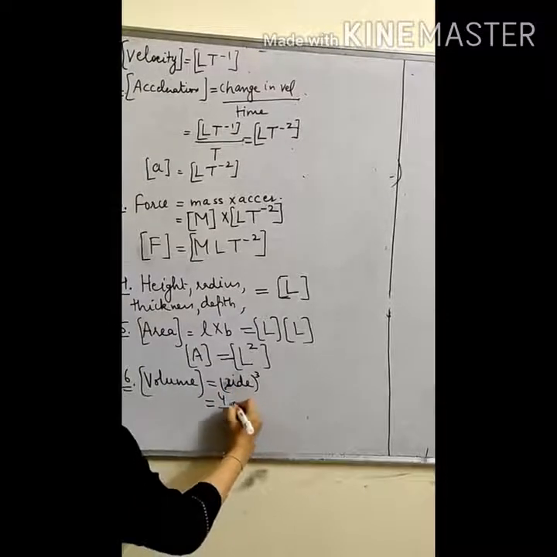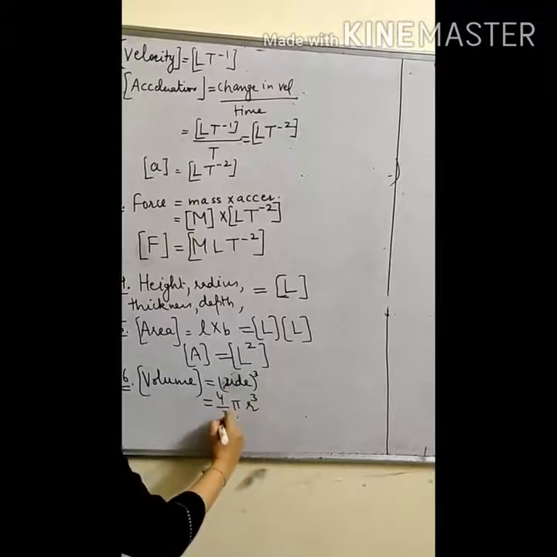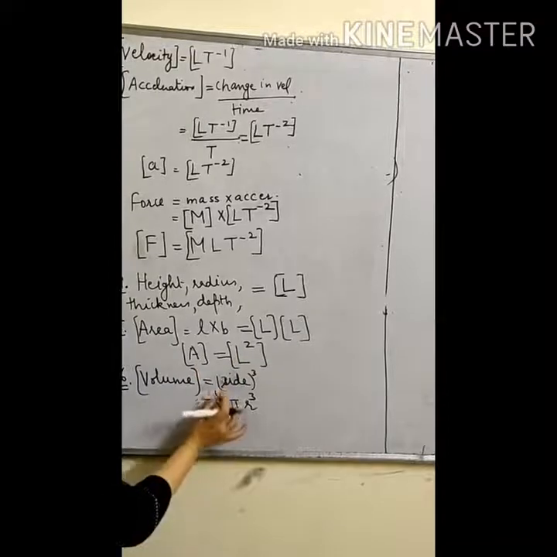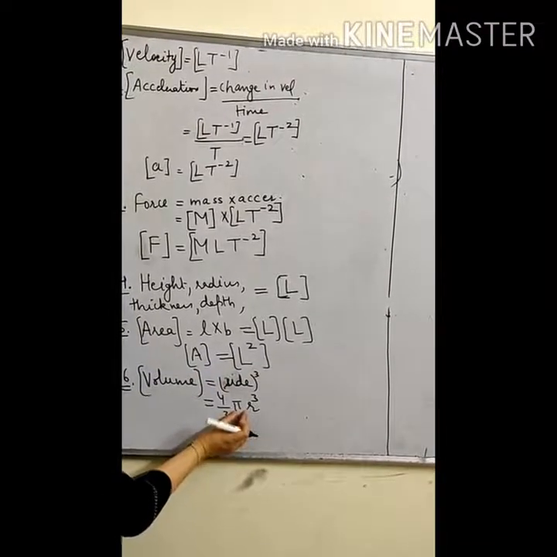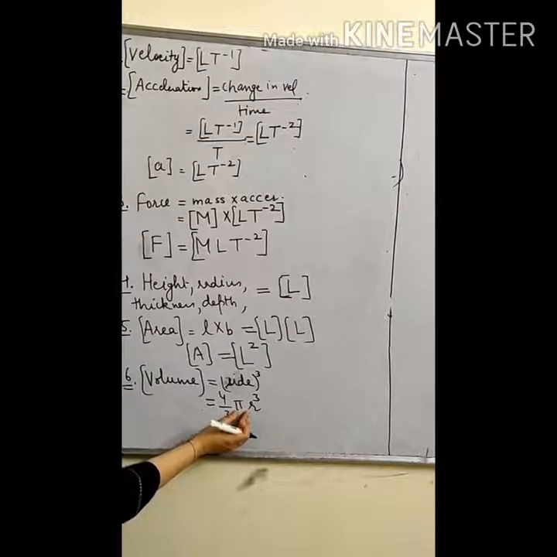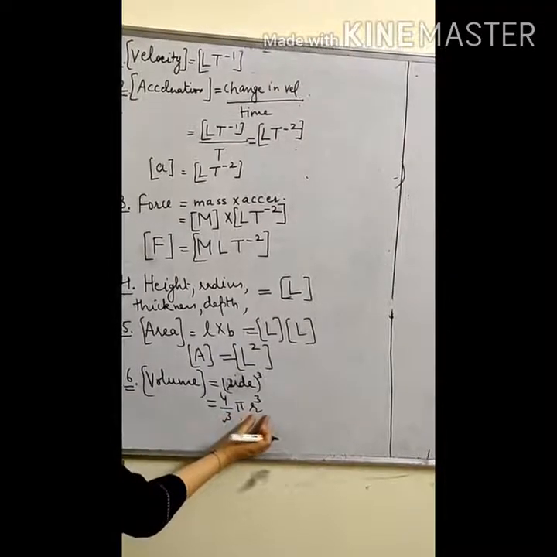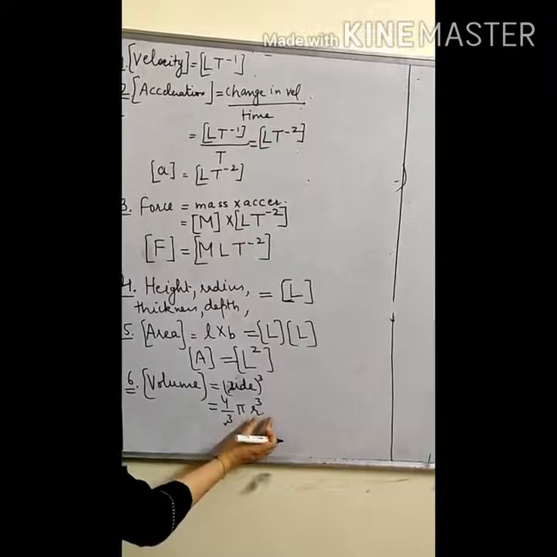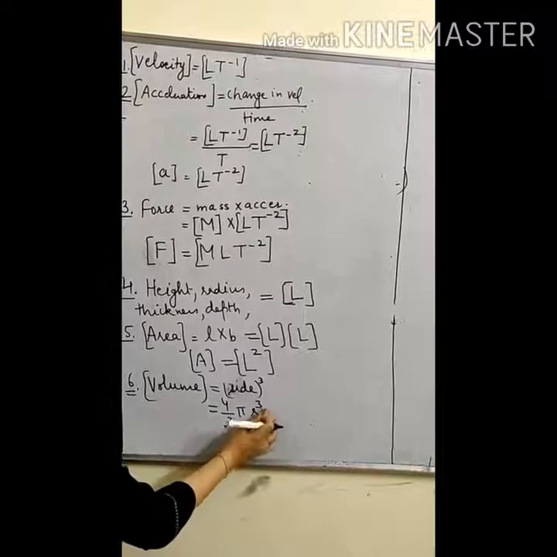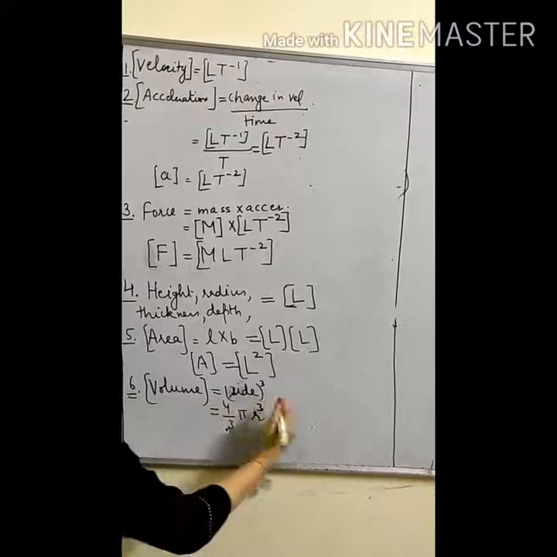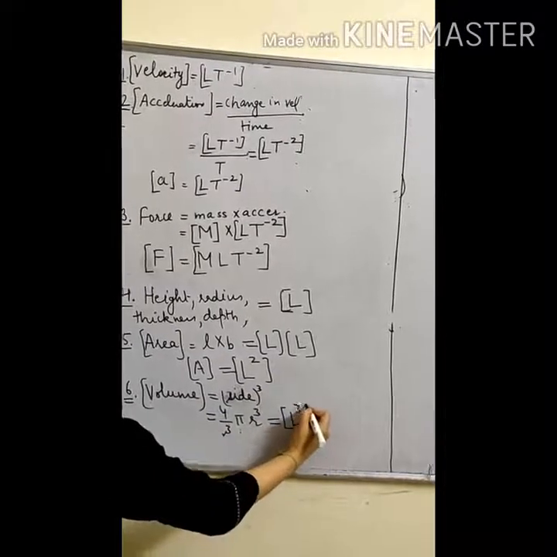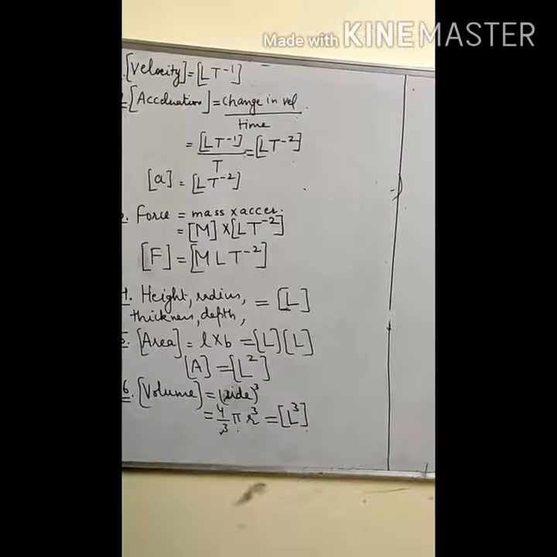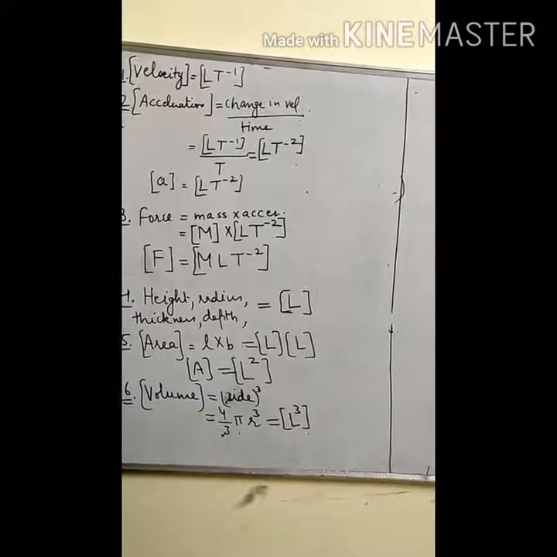The formula is 4 by 3 pi r cube. Now 4 by 3 is a number, hence dimensionless. It has no dimensions. Pi is also a number. It is also dimensionless. Now coming to r. R is radius. Its dimension will be L. The power of r is 3. Then the dimension for volume will be, directly you can write, L cube. So the dimensions of volume is L^3.